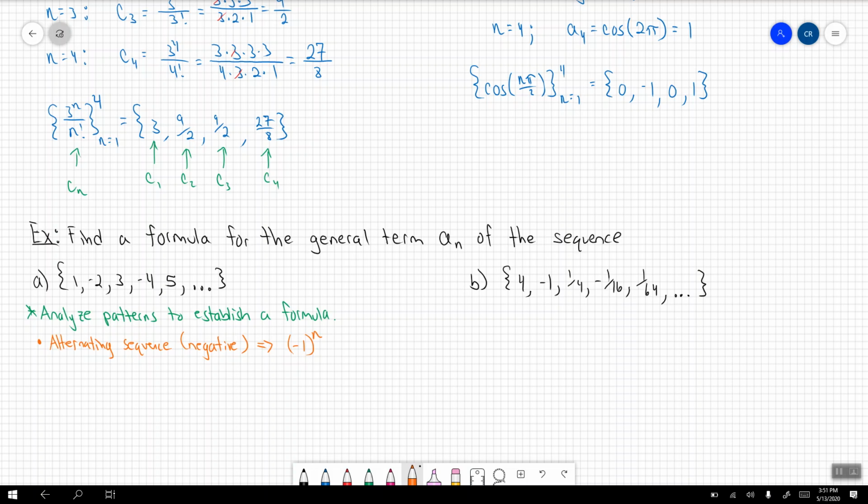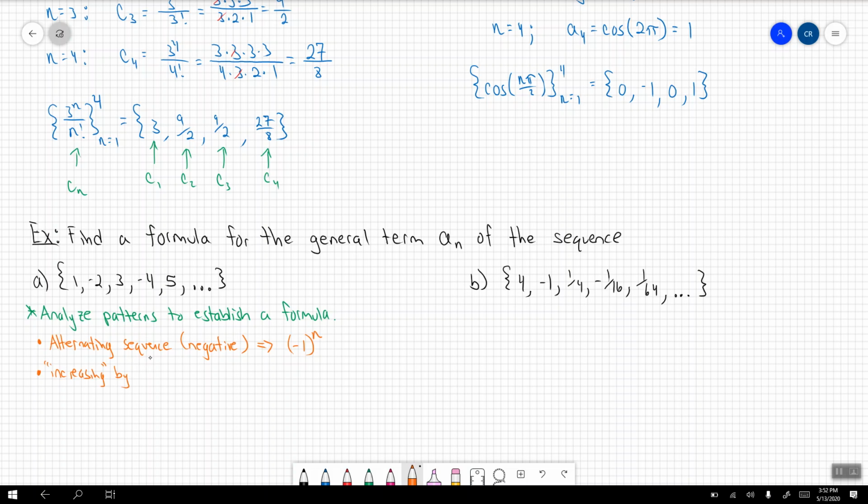Now, the second thing that we're going to notice: I want you to strip away those negative values. So ignoring those negative values, let's just analyze the numerical components. 1, 2, 3, 4, 5. This is just increasing by 1. I'm putting increasing in quotations because it's not technically increasing unless you're stripping away the negative signs.